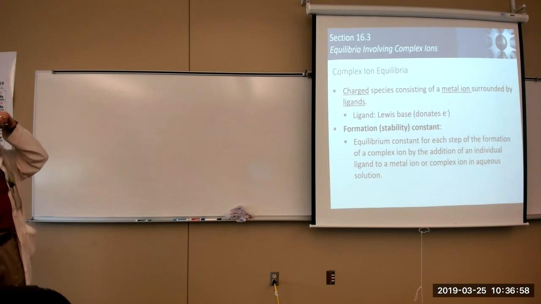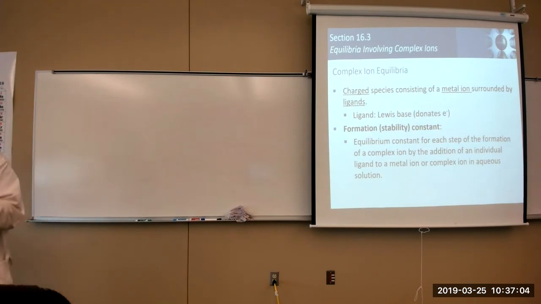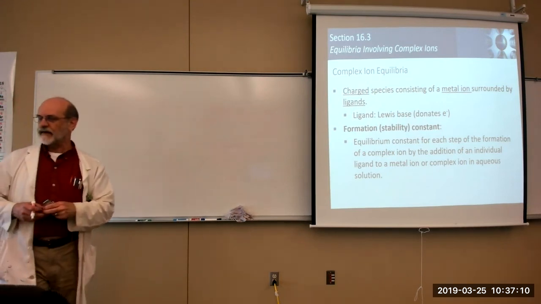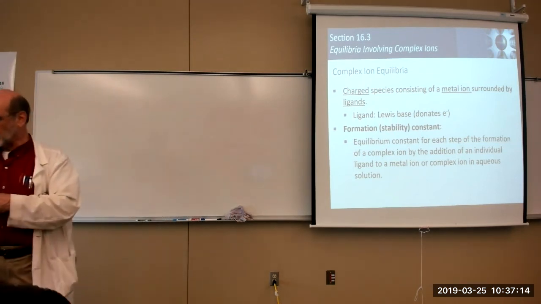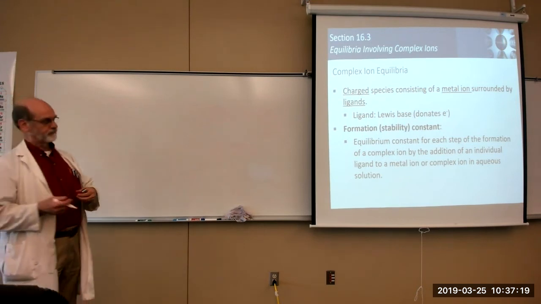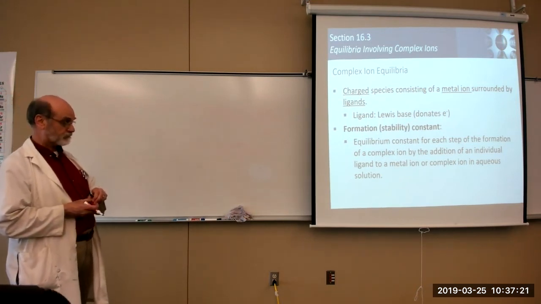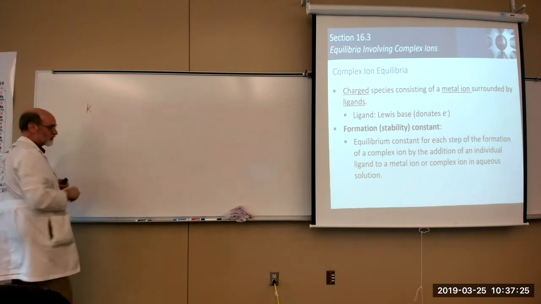The ligand is what attaches to the metal. In the case of ammonia and silver, silver is the metal, ammonia is the ligand. And we have a K that can be associated with it.